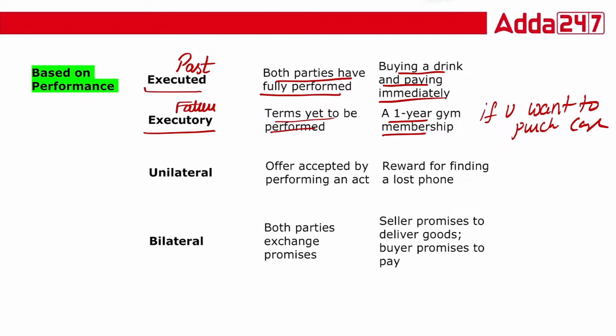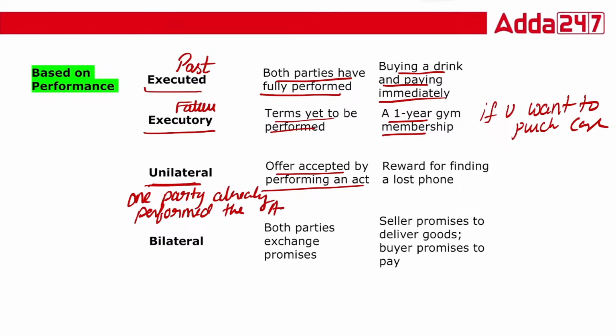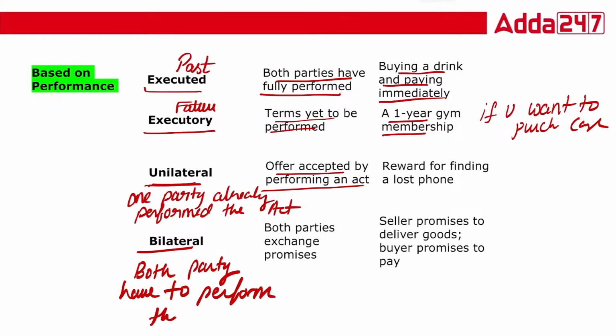Cool. Now, what is unilateral? Unilateral contract, offer accepted by performing the act. It means, see, unilateral means in my language, one party already performed the act. This is called unilateral. Bilateral, both parties have to perform the act.